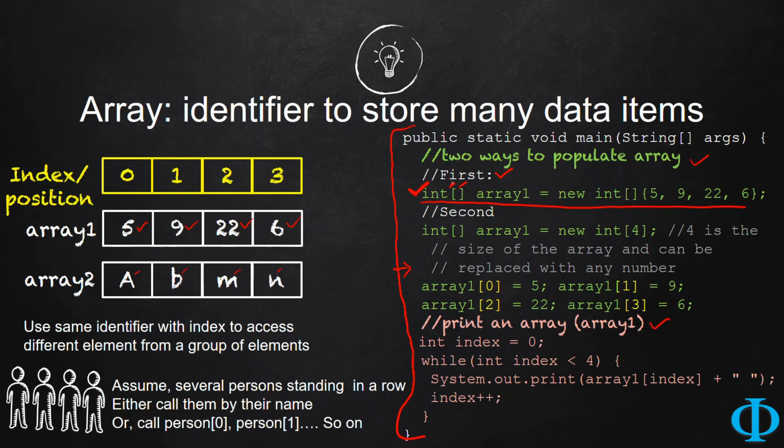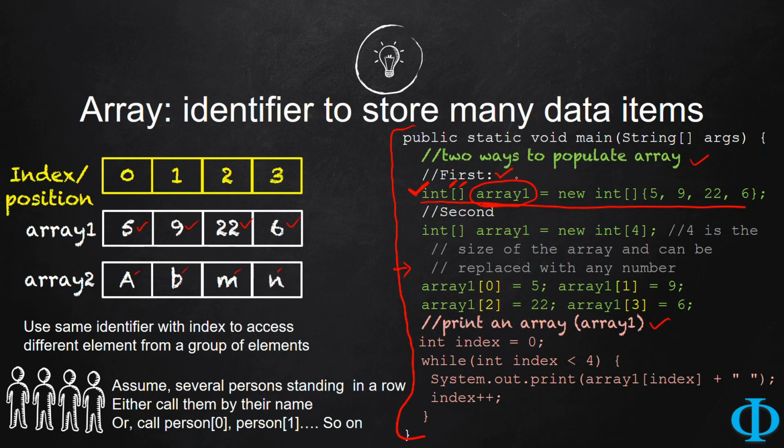So this is how you are telling the Java compiler, by saying this opening and closing set of box brackets, that this is going to be a very special array type variable, not the normal type. Now, after that, you have to use this variable name. Here I have used array1, but you are free to use any variable name of your choice. Just remember to follow the variable naming rules.